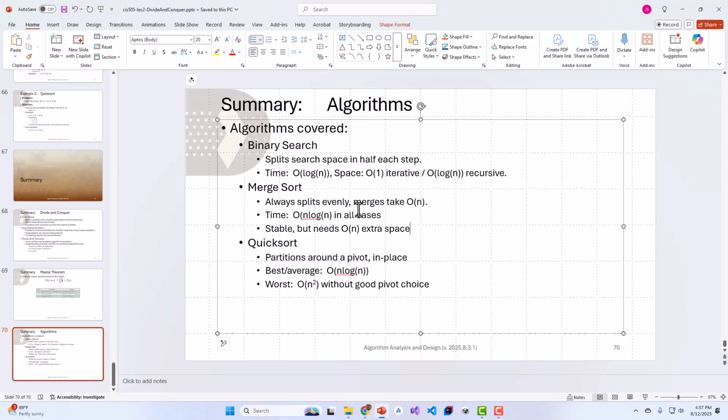And it's log of n splits down, so it's n log n. But it does need big O of n extra space. For quicksort, it partitions around a pivot in place, so we don't use extra space. Best and average case is n log n, linearithmic, and worst case is quadratic without a good pivot choice.